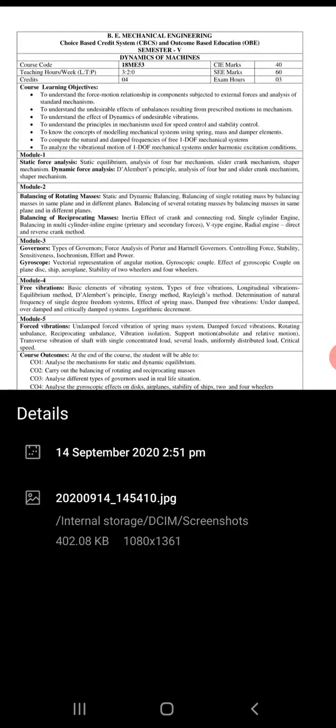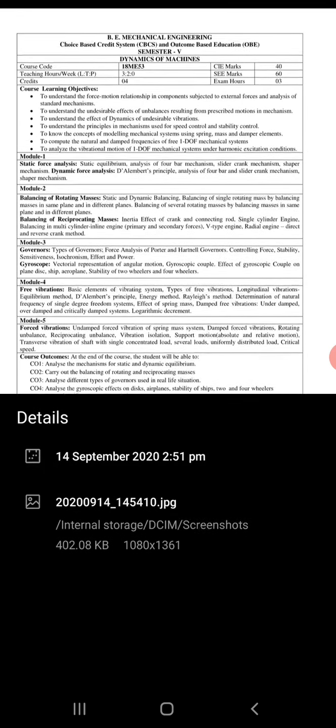Static force analysis, as I said, is the study of force applied to a mechanism to get a desired output from the same mechanism. It is completely analytical based, so most of the models are analytical here. Dynamic force analysis is nothing but static force analysis along with the rotational movement.